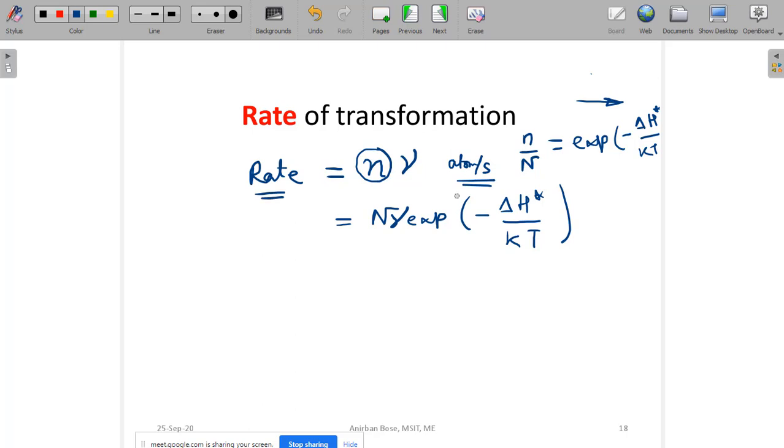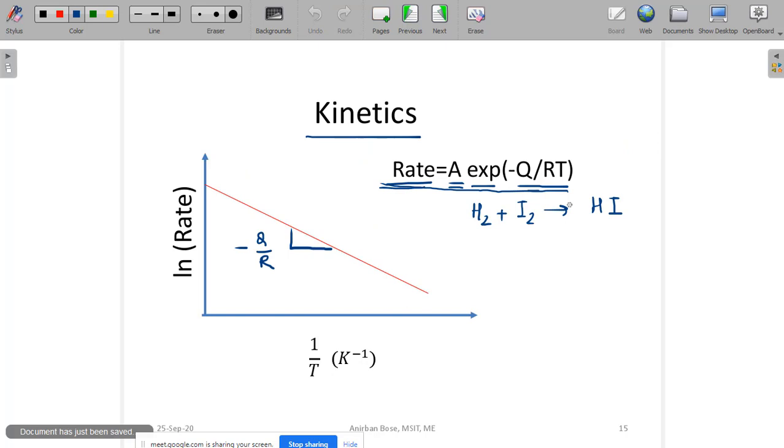The unit should be matched. Okay, so N is the total number of atoms, nu is the frequency, which is basically the lattice vibration frequency, and then exponential of minus delta H star by kT. It is exactly similar to what we have seen in the case of the Arrhenius plot. The only difference is that in the Arrhenius plot it was minus Q by RT.